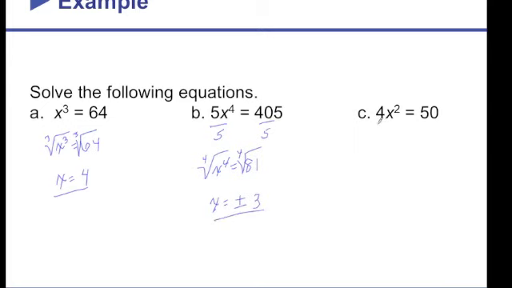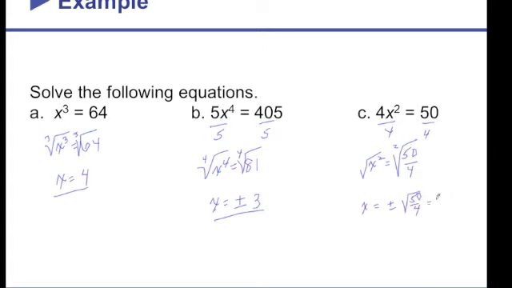Here we have a square root. Let's start by dividing by 4. So x squared will equal 50 fourths. And let's take the square root of both sides. So x will equal plus or minus the square root of 50 fourths.